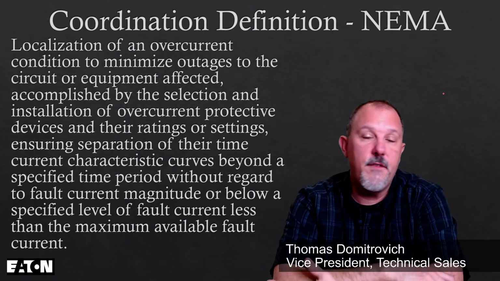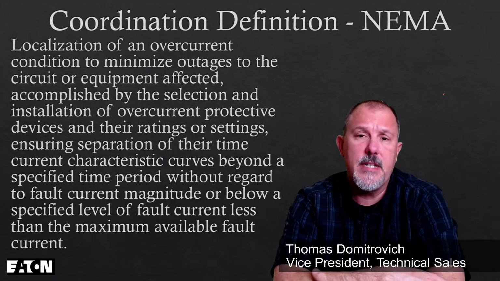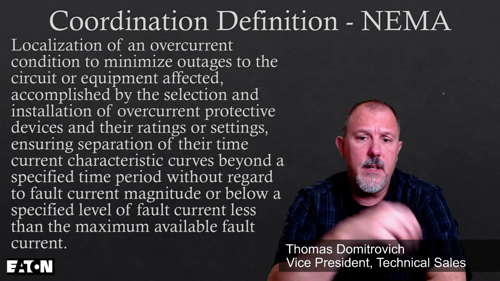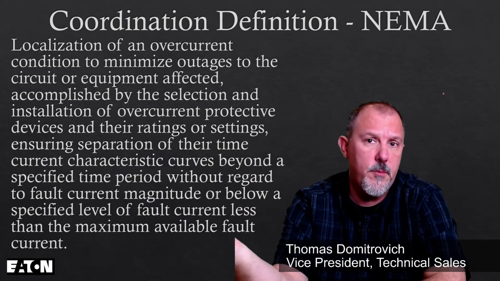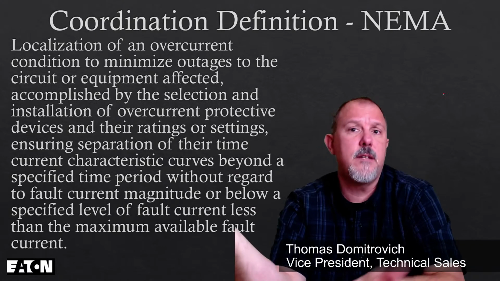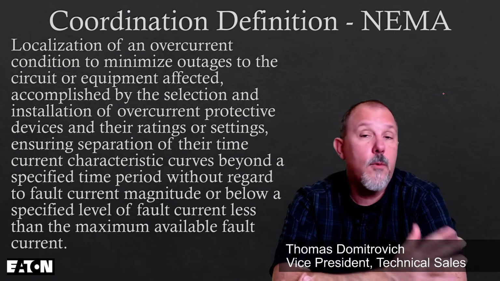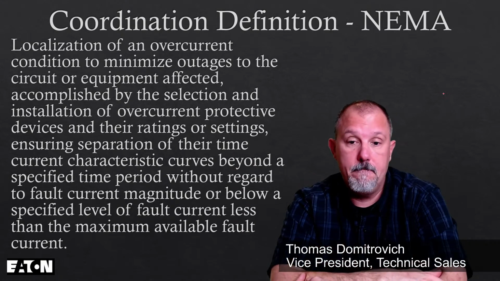But regardless of that, what 517 has done, instead of electing to go to a lower value of fault current that would probably be more realistically seen in a power distribution system, is basically just say, ignore fault current, look for separation of curves. Right, wrong, or indifferent, that's the way it is.